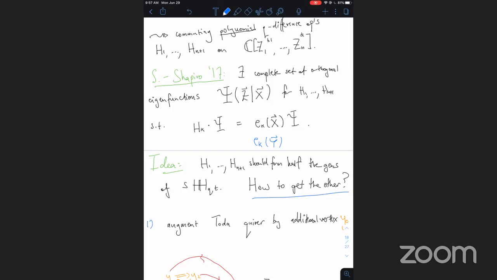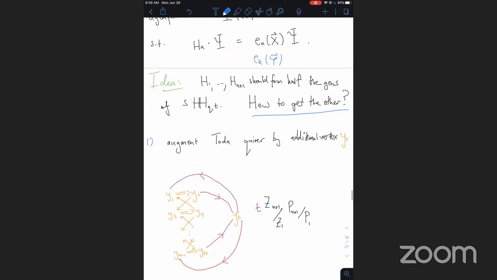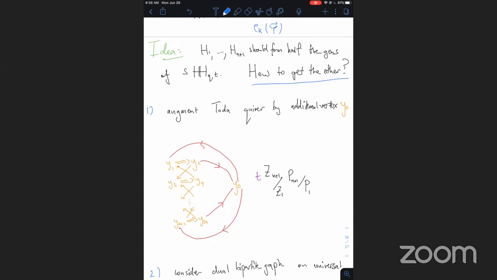The first step of the construction is that we take our quiver, our directed graph, describing the Poisson structure and cluster structure of the open Toda phase space, this one consisting of vertices y_1, y_2, up to y_{2n-1}, y_{2n}, and we augment it by a single additional vertex that we'll call y_0. This additional vertex y_0 is connected by the red arrows that you can see in the picture to the original Toda quiver.